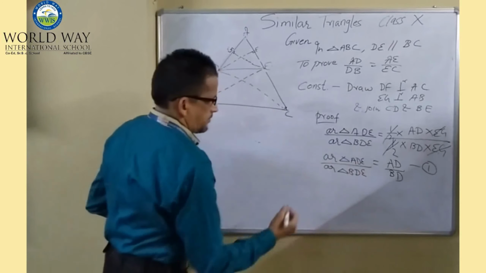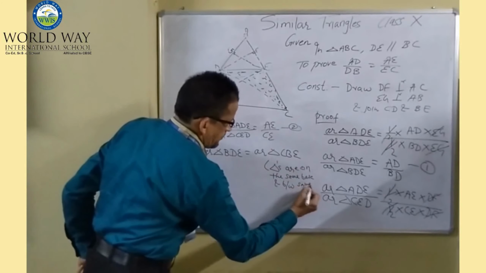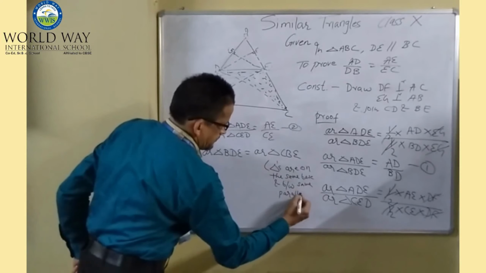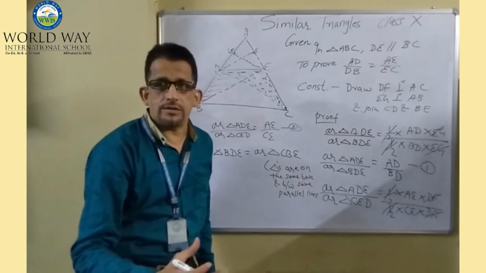Yes. Two triangles are equal in area if they lie on the same base and between the same parallels. Both triangles have the same base DE and lie between the same parallels DE and BC. That's why the two triangles' areas are equal.